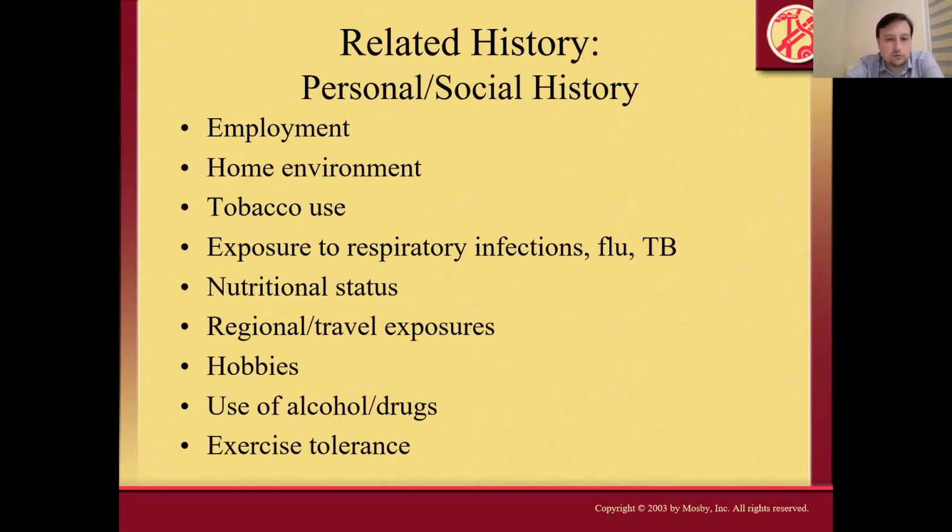First of all, we ask about employment, because some professions can cause chronic lung disorders. Then home environment, use of tobacco, exposure to respiratory infections, flu, tuberculosis, nutritional status, regional travel exposures, hobbies, use of alcohol, drugs, and exercise tolerance.